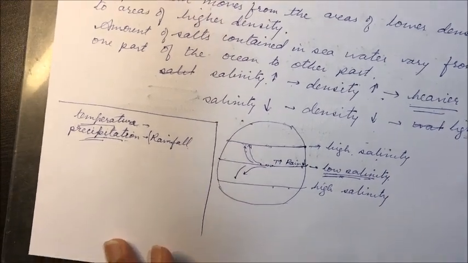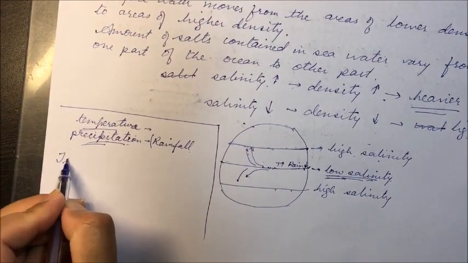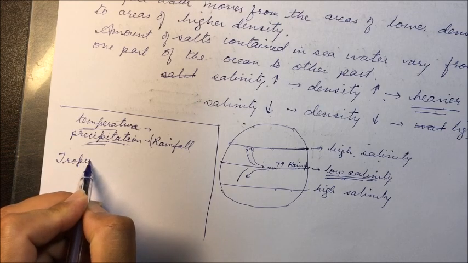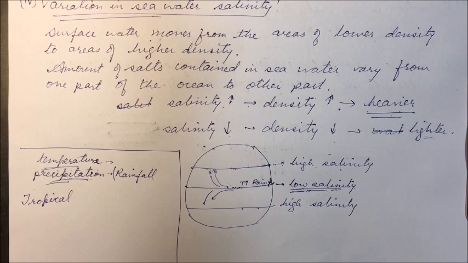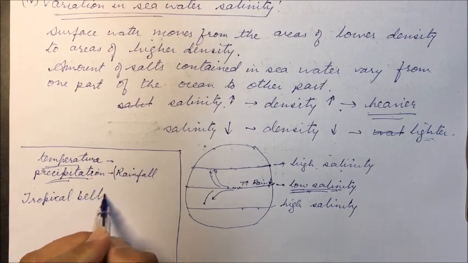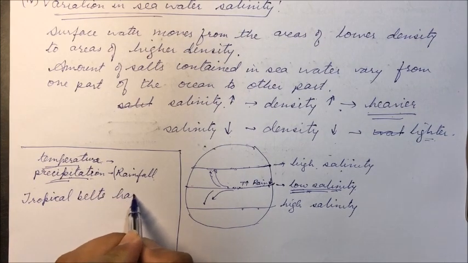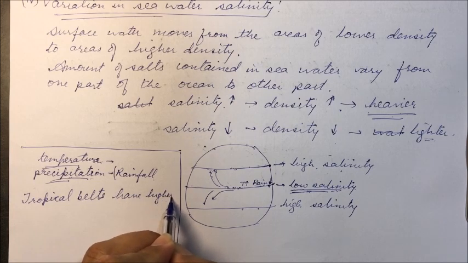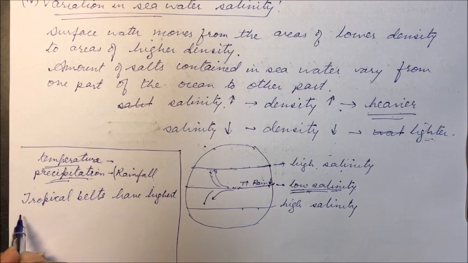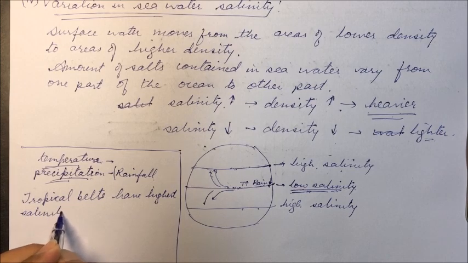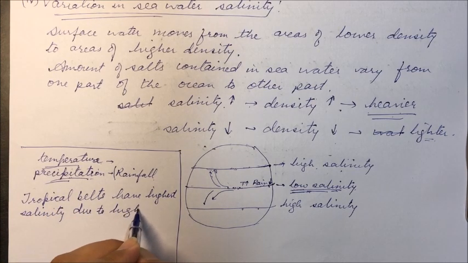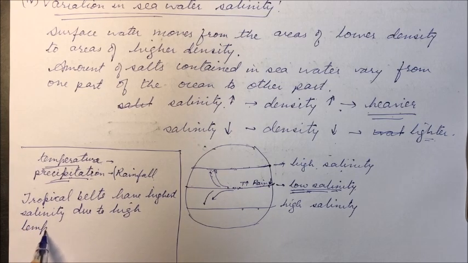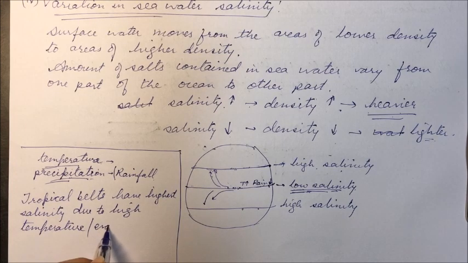So we can write it as tropical belts have highest salinity due to high temperature, and due to temperature evaporation is taking place.